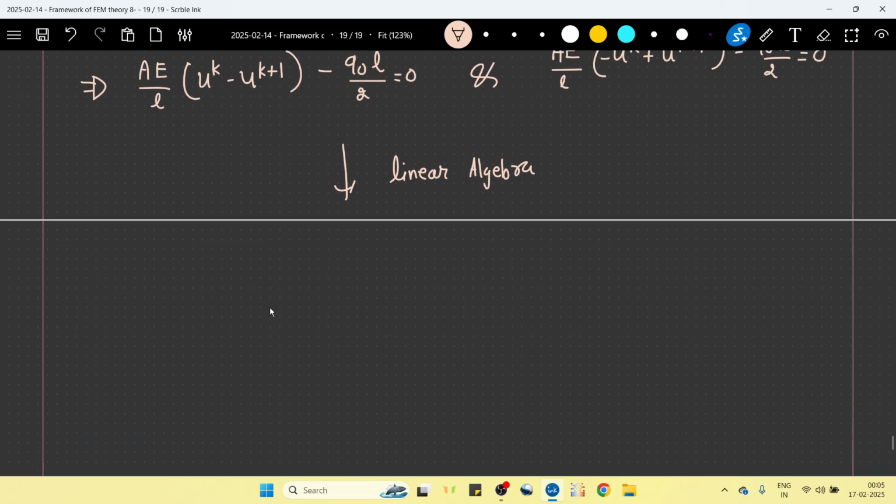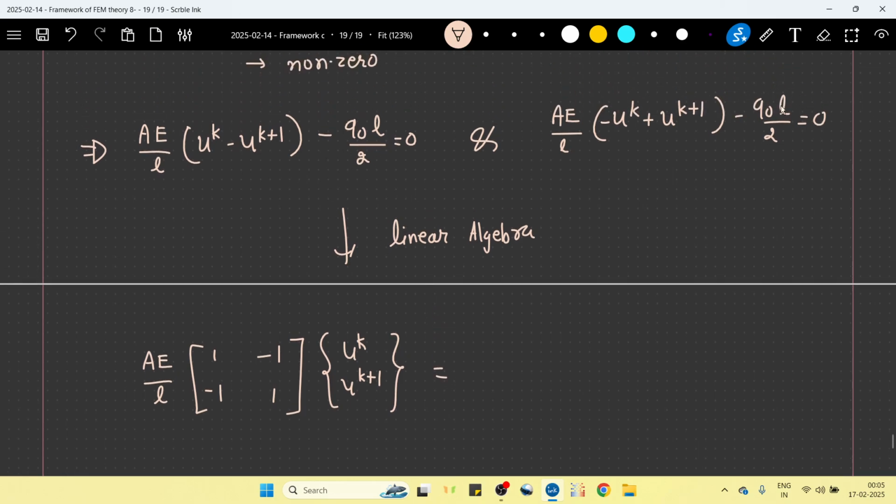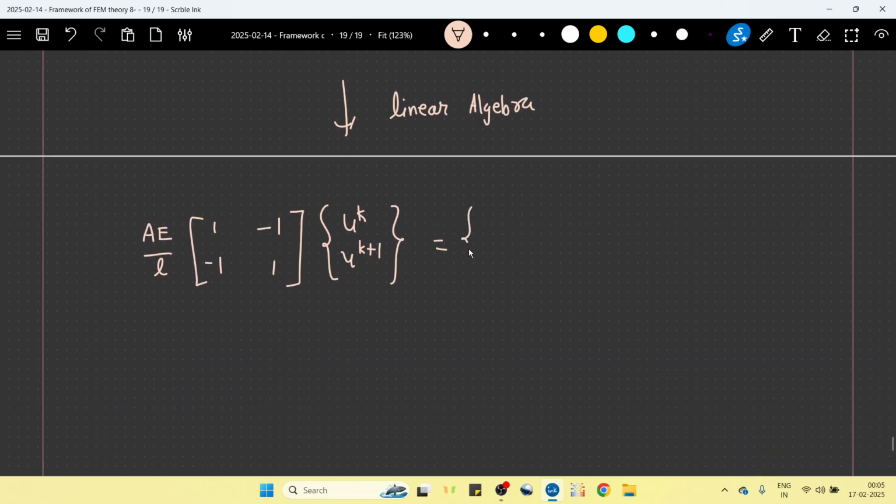So what we get: AE by L times the matrix 1, minus 1, minus 1, 1, times UK, UK plus 1, is equal to, these two terms go to the right side, Q0 L by 2 and Q0 L by 2.